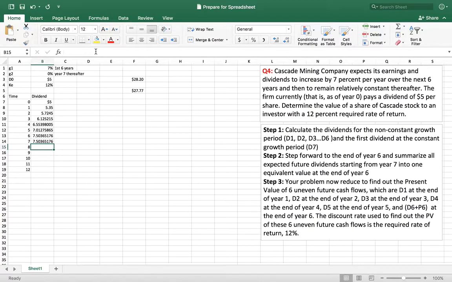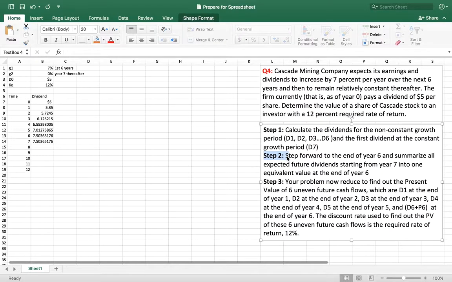Once I finish the revision of the formula in cell B14, I now have the dividend information needed to implement the non-constant growth dividend valuation model. The second step is to step forward to the end of the non-constant growth period and summarize all expected future dividends for the constant growth period into one equivalent value at the end of the non-constant growth period.